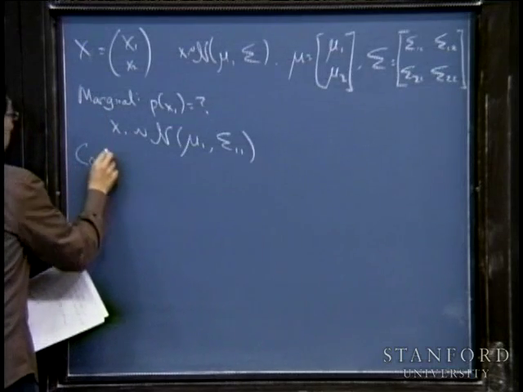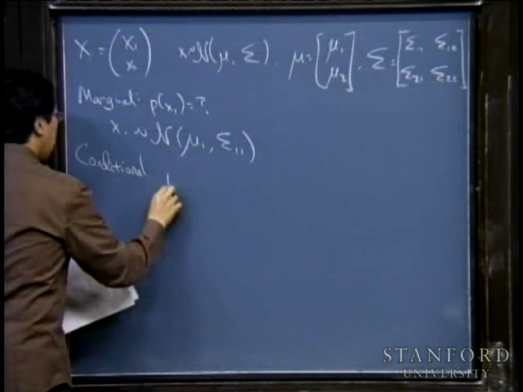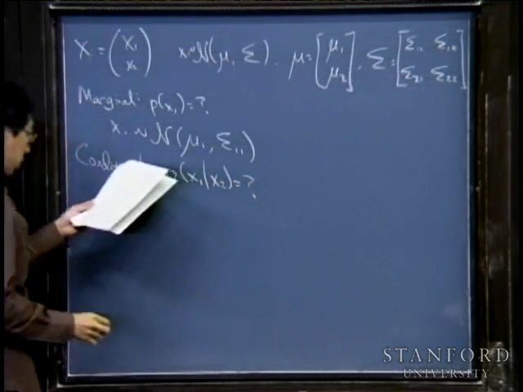And I also wrote down the formula for computing conditional distributions, such as what is p of x1 given x2.